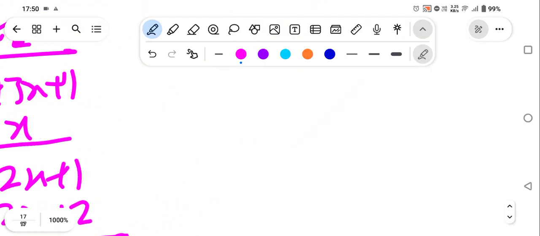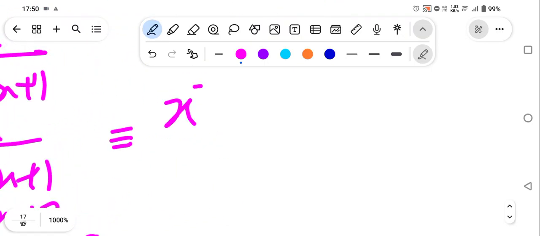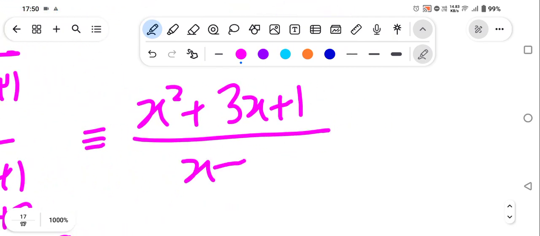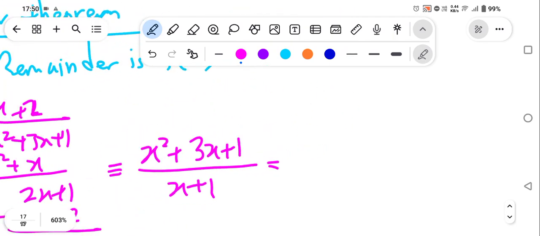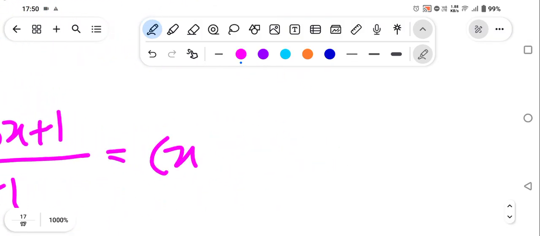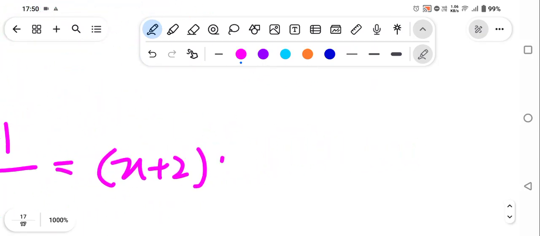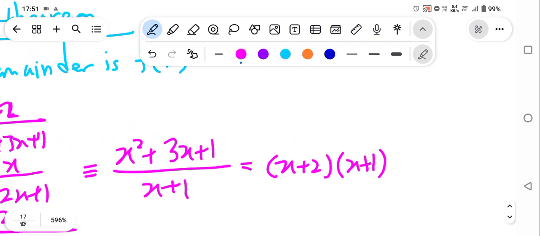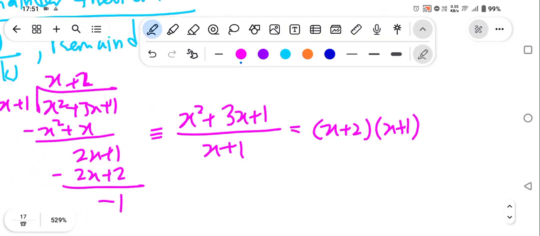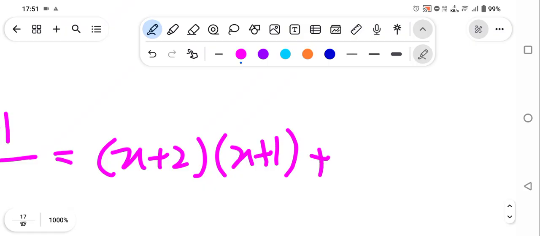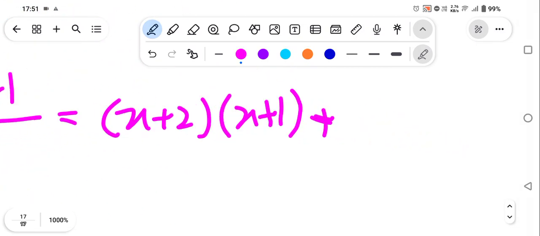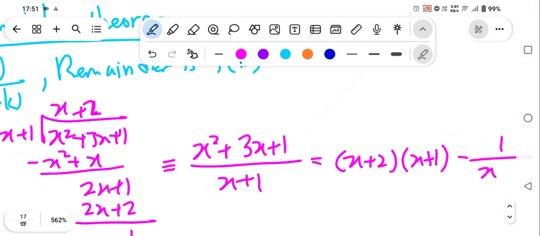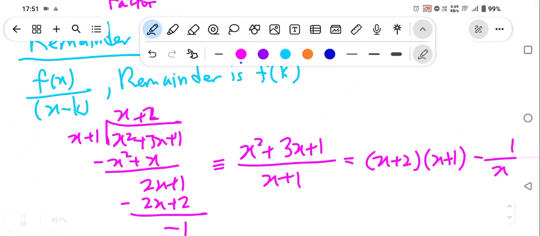So we can write x squared plus 3x plus 1 divided by x plus 1 equals the quotient x plus 2, plus the remainder of negative 1 over the divisor, x plus 1.